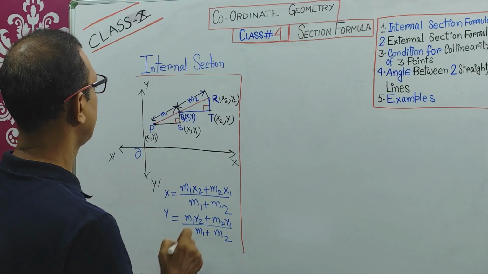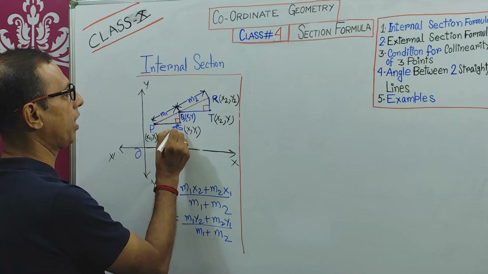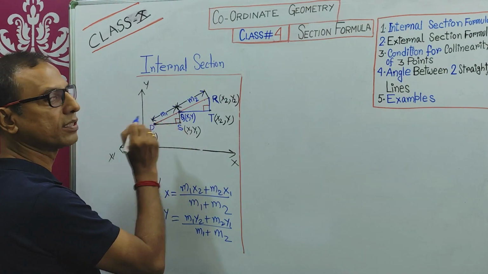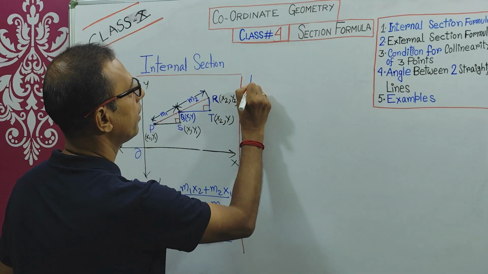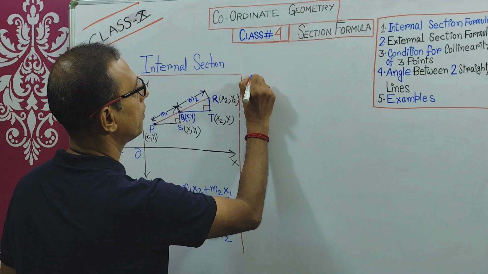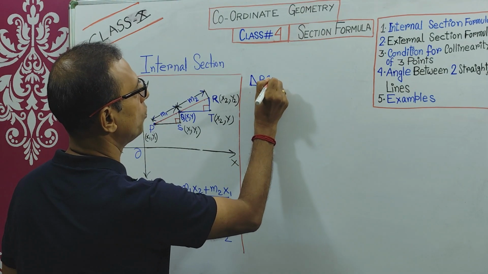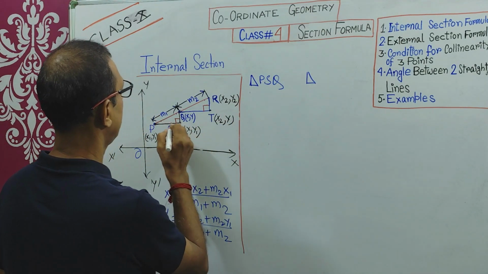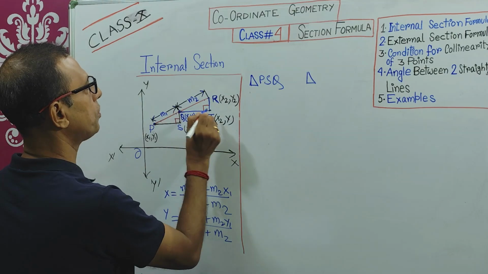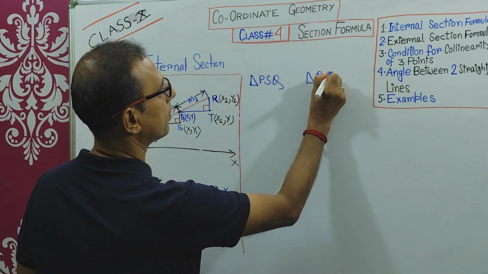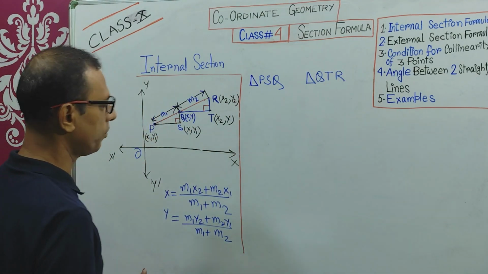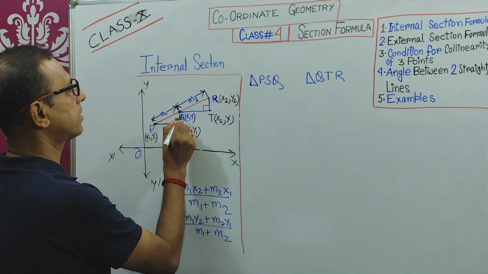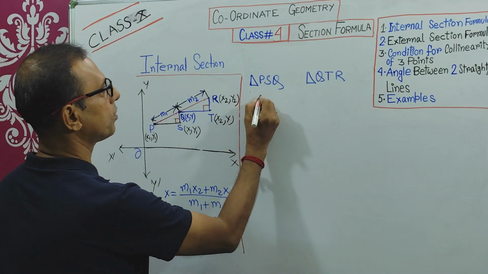Now we'll compare triangle PSQ, with angle S marked in between because it is 90 degrees, and QTR. So angle PSQ equals angle QTR equals 90 degrees.